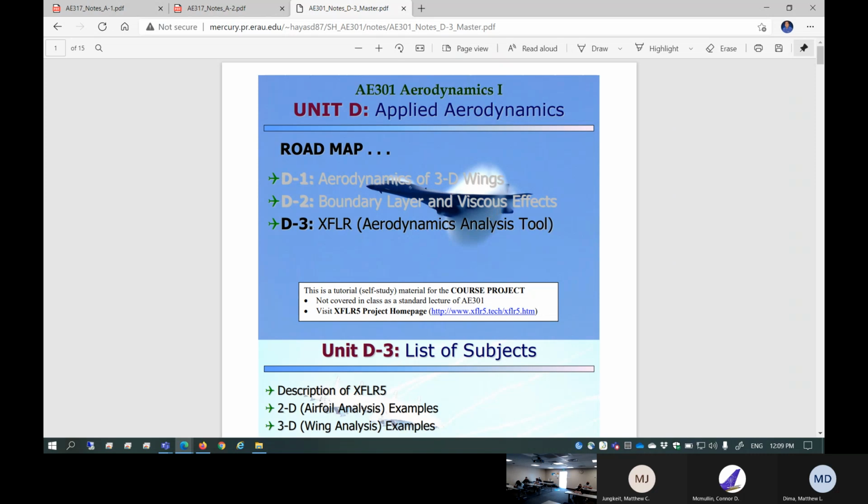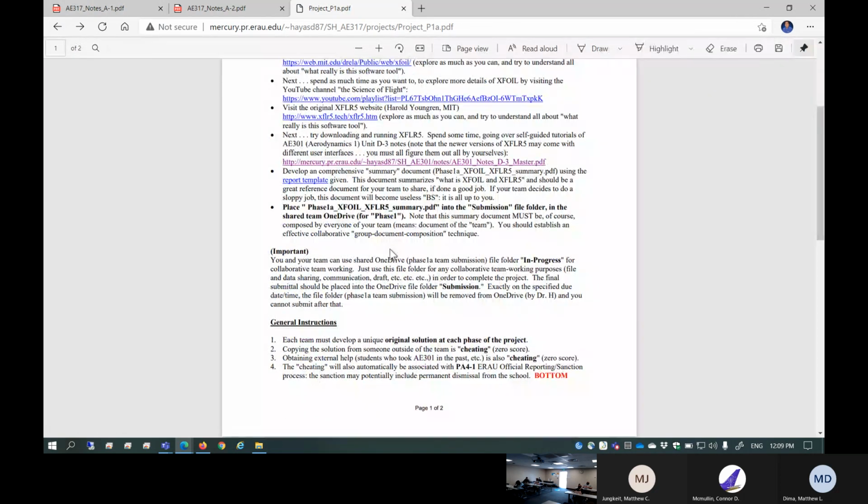These notes provide you 3 very basic examples of how to use Xprior 5: simulate a 2D cross-section first to build a database, then use that database to design a wing and simulate the wing to come up with the wing performance. Okay, very basic examples. So you are going to go through it.